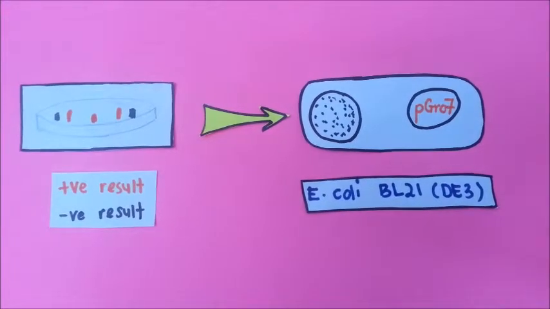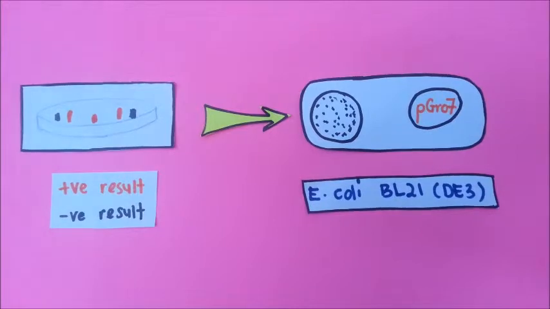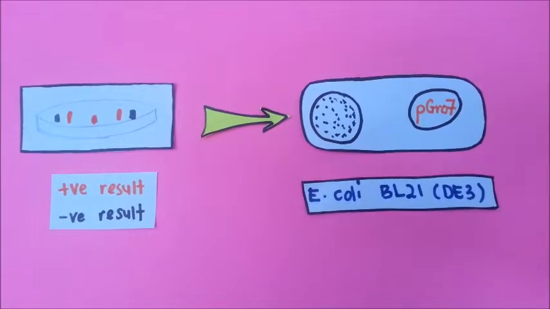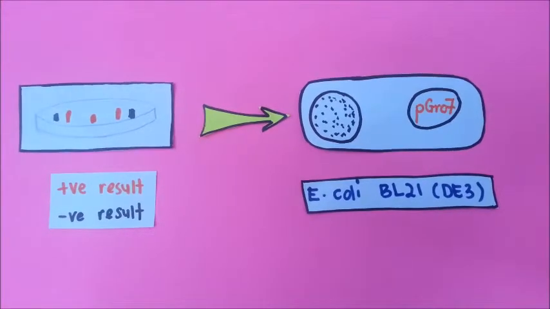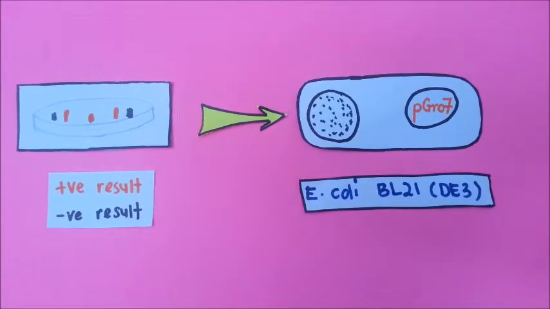The E. coli JM107 was then grown in a medium. The selected positive clone plasmid was transformed into E. coli BL21DE3 that has plasmid PGRO7, which contains the chaperone gene.